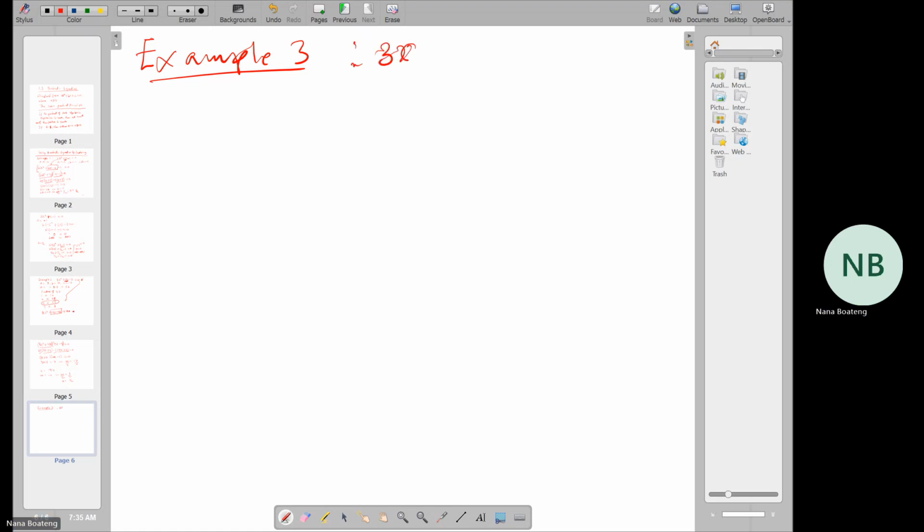So example 3, we have 3x times x minus 2 is equal to 9x squared minus 7x. For this, we have to simplify and group all the variables and numbers on one side and leave 0 on the right-hand side.